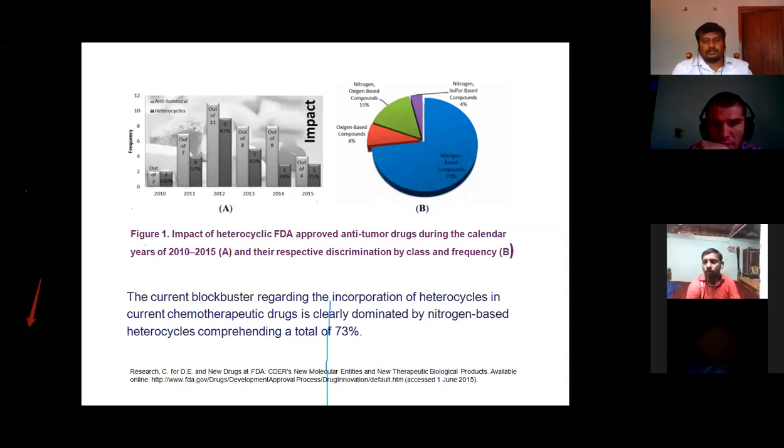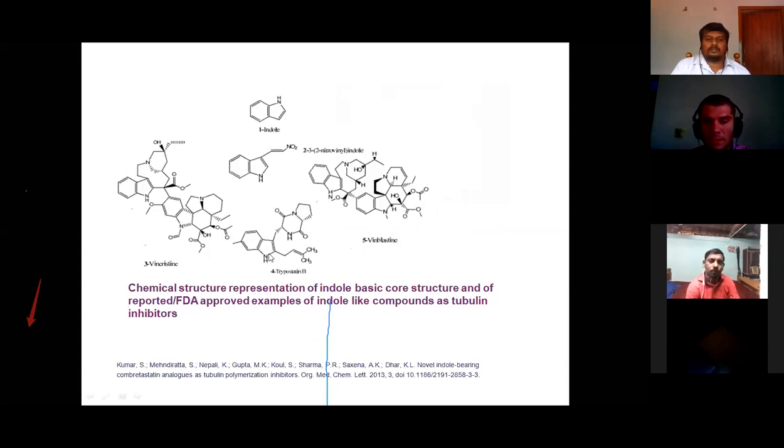If you see the slides, nitrogen-based drugs are very popular among chemotherapeutic drugs, and generally more than all other classes of heterocycle compounds.